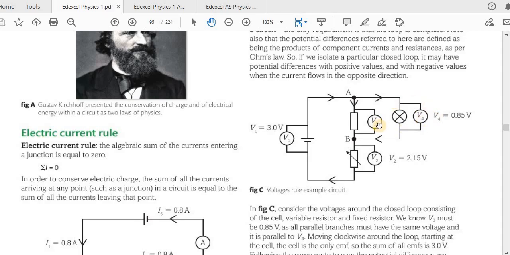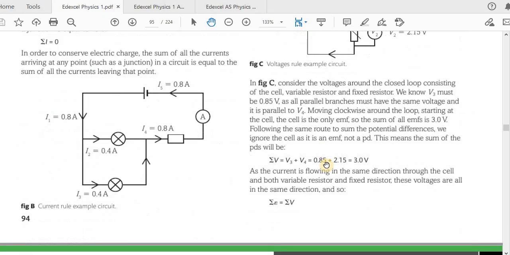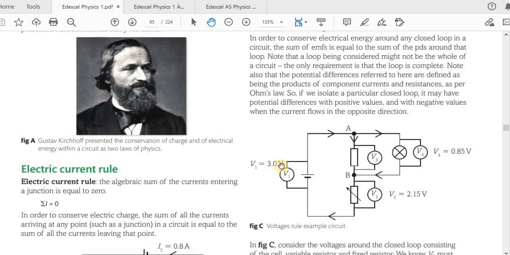Now let's first find the value of V3. We simply say that the potential difference across this plus the potential difference across this should be equal to this. You can even write it down, and therefore 3 minus 2.15 is 0.85. You don't even need a calculator.